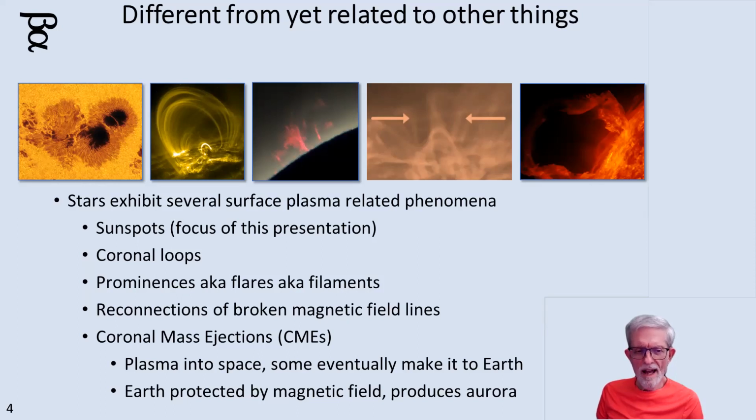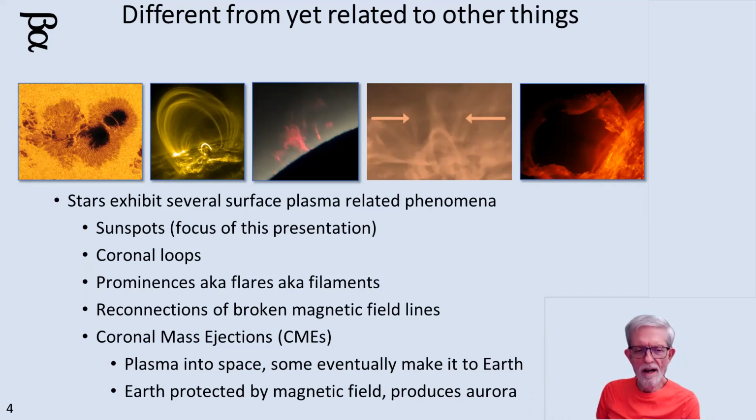When the magnetic field lines snap, or when there are side-by-side magnetic field lines, if there's not sufficient energy to eject plasma along them, then you'll get what is known as a reconnection. Two electromagnetic curves spitting out will hook back together, and you get a reconnection of the broken magnetic field lines.